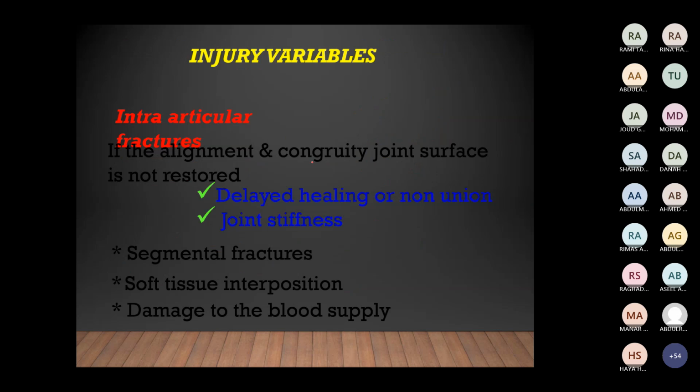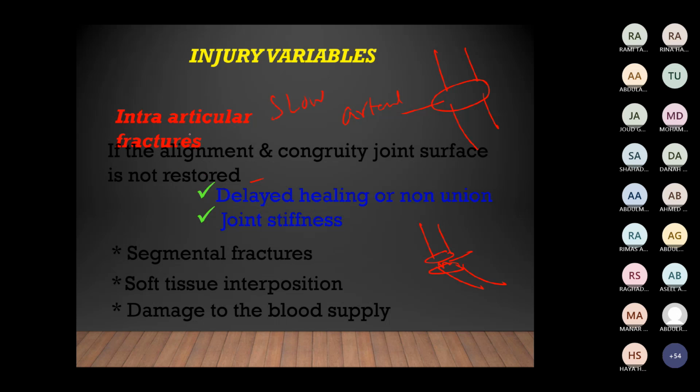Now we have the injury variable: intra-articular fractures. This is when the fracture involves the articular cartilage of the joint. If the alignment and the congruity of the joint surface is not restored, and this area is not conjoined properly, then the healing will be slow.